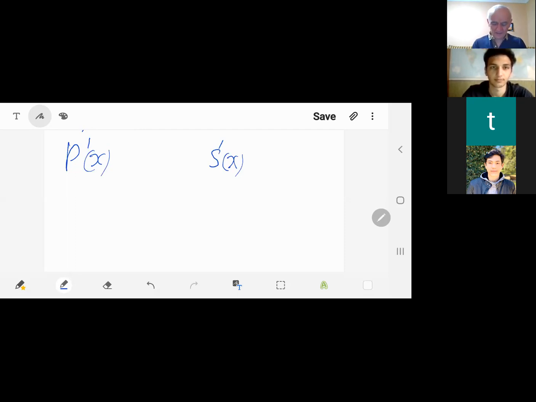And this is the mechanical interpretation of derivative. For example, if we have the derivative of the distance function at the point 5 seconds, what does it mean? It means that at the moment of 5 seconds, the speed of the object is the derivative of s at that point.